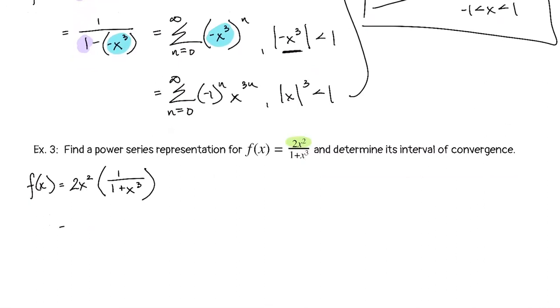So I'm going to write this as 2x squared, which stays because I don't know what to do with that yet. But everywhere I see this 1 over 1 plus x cubed, I'm going to write it in its power series representation.